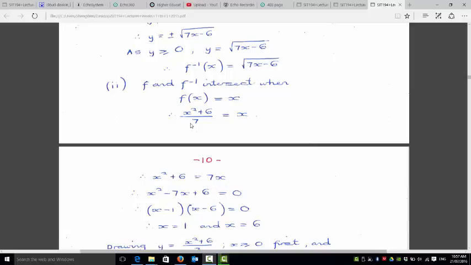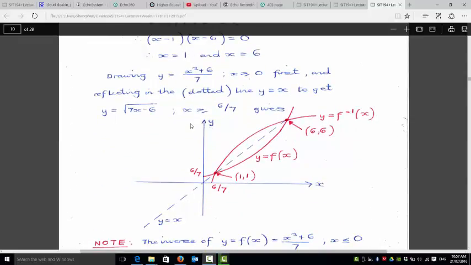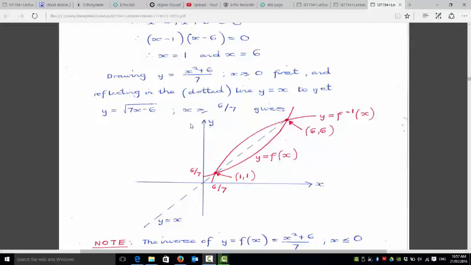It should be equal to x, so we have x squared + 6 equals 7x, and we can factorize: (x minus 1)(x minus 6) equals 0. Finally we get x equal to 1 and x equal to 6.